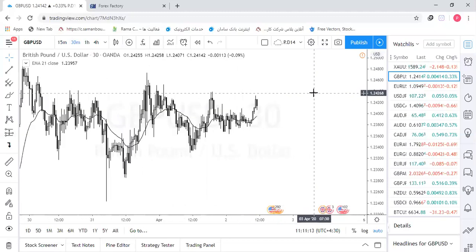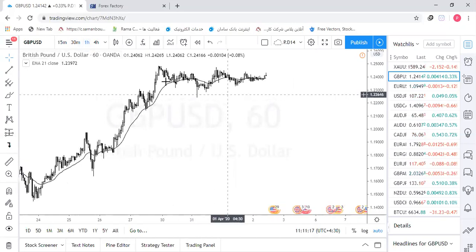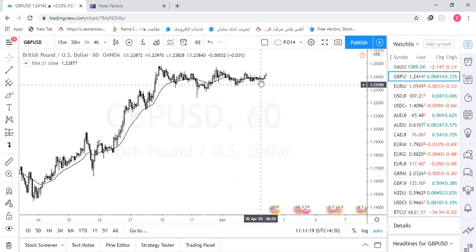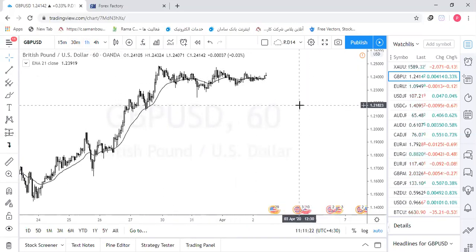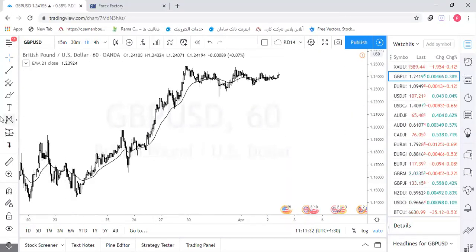GBP USD is like this. Look, these little candles mean price does not have very good volume, but actually price is still in a very good area.